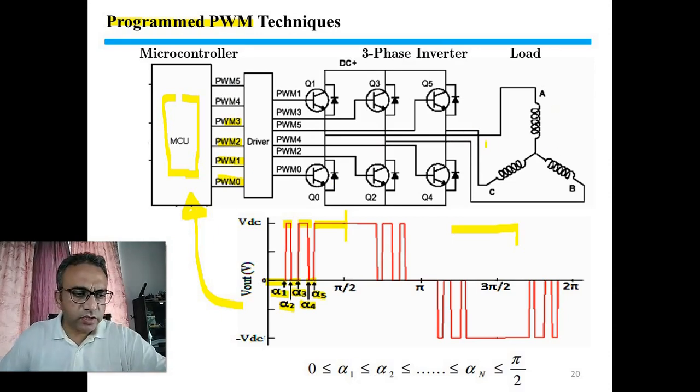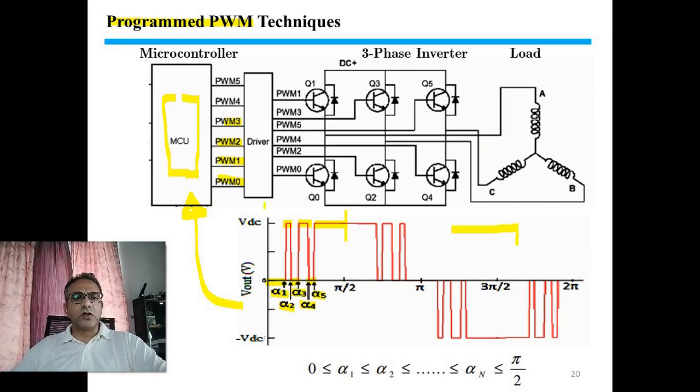My students, they can also relate that this technique can also be applied to single phase inverters also. However, there is a condition that for maintaining the quarter wave symmetry, the angles of alpha 1, alpha 2, alpha 3 have a limit from 0 degree to pi by 2.